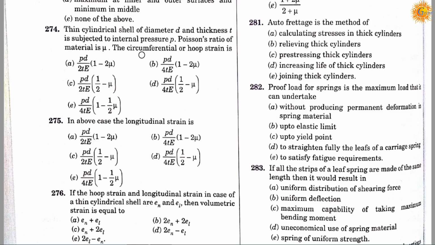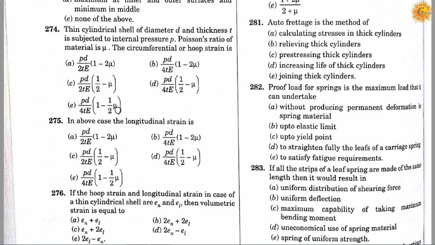The circumferential or hoop strain is: option A, PD upon 2TE multiplied by (1 minus 2 mu); option B, PD upon 4TE into (1 minus 2 mu); option C, PD upon 2TE (1 minus 1 upon 2 minus mu); option D, PD upon 4TE in the small bracket (1 upon 2 minus mu); and option E, PD upon 4TE in the small bracket (1 minus 1 upon 2 mu).